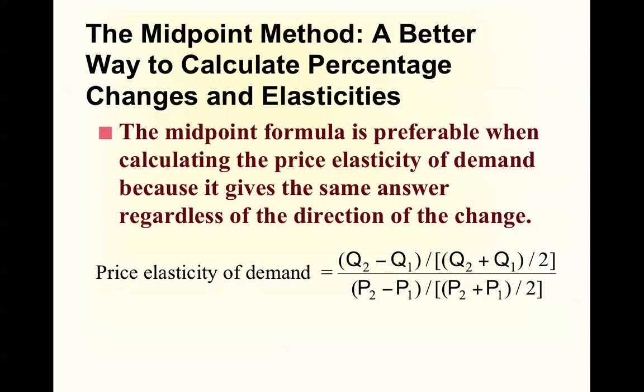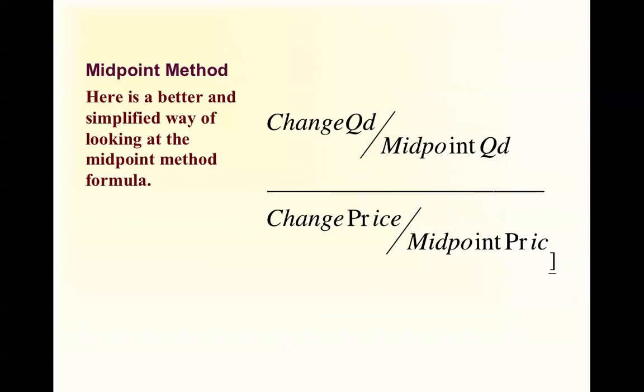So 10 plus 8 divided by 2 would give us 9. So it's the midpoint in the range of the two numbers. Same thing with price: change in price, and then this whole thing over the midpoint. Now I think the next slide is going to have an easier way of looking at this.